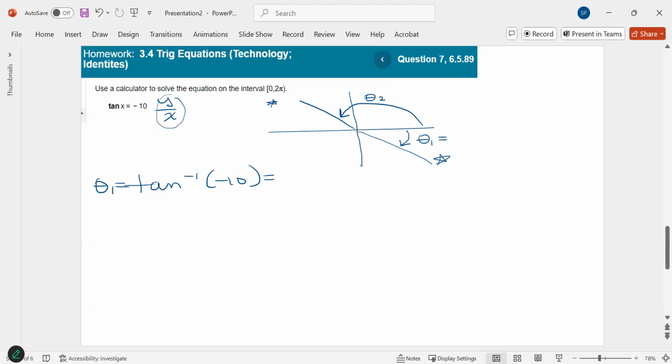And so I'll write this as negative 1.4711, but we don't want negative angles because it has to be in 0 to 2 pi. So because this is a negative angle, we can add 2 pi, right? We can find coterminal angles by adding 2 pi to it. And that'll give us this angle right here if we add 2 pi.